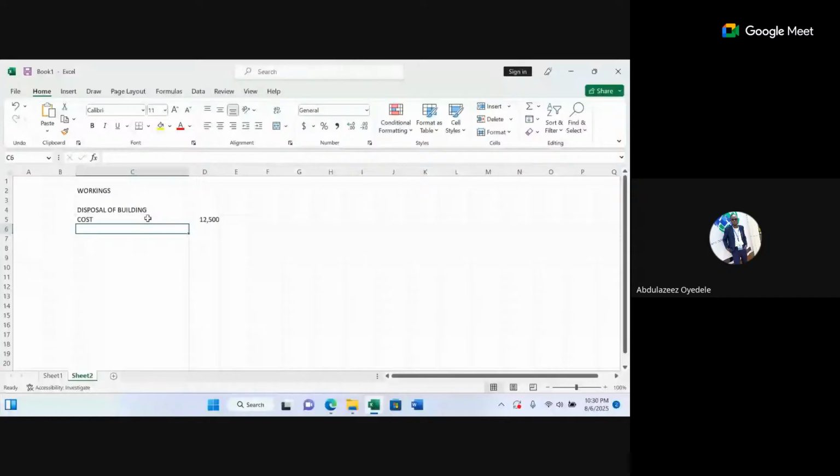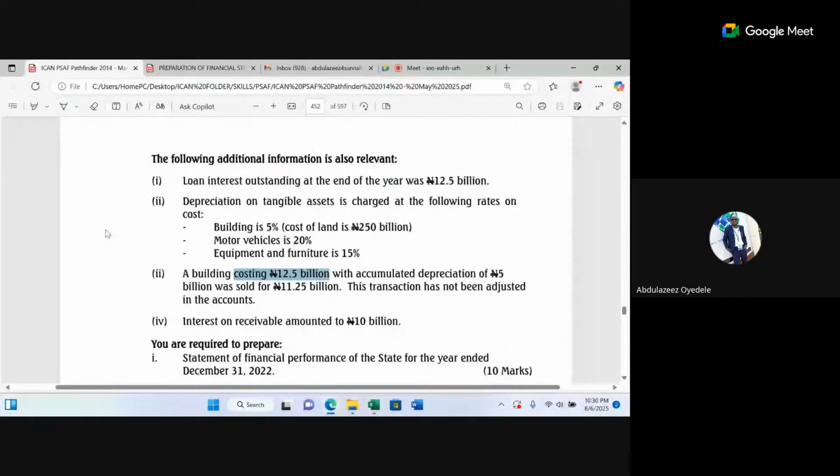And then the accumulated depreciation on that building, according to the question, is 5 billion.